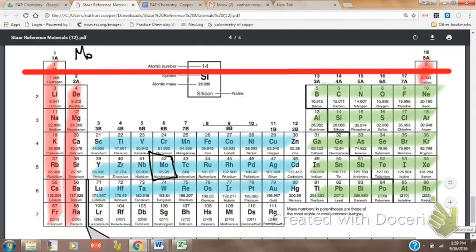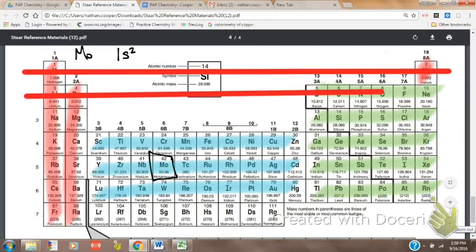Since I started at hydrogen and I'm not at molybdenum, I am full through the first energy level, so 1s2. Then I start back at lithium. I go all the way through lithium, beryllium into the p block. So I have 2s2 filled, 2p6 filled, and so I start back over.